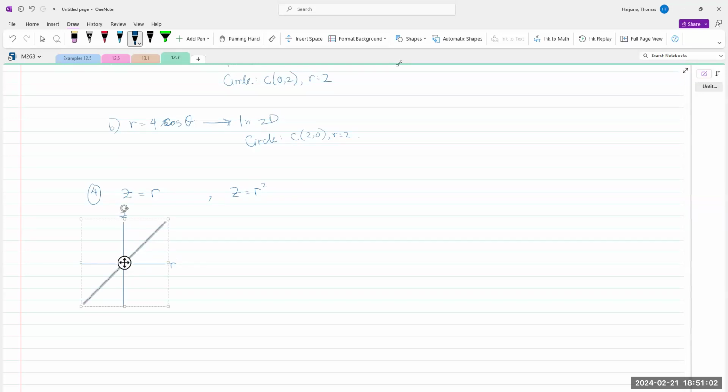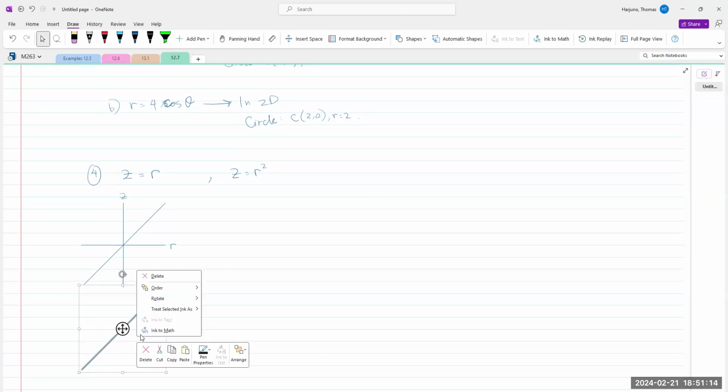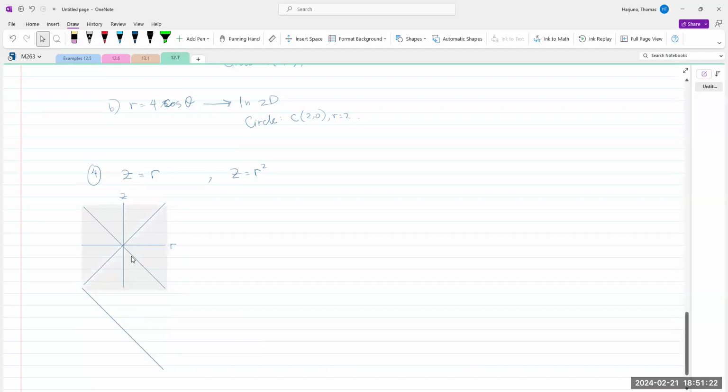Now what you need to do then is rotate that with respect to the z-axis, and you will get a cone.